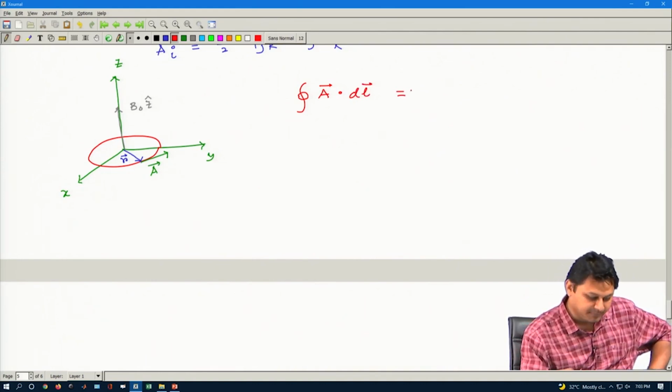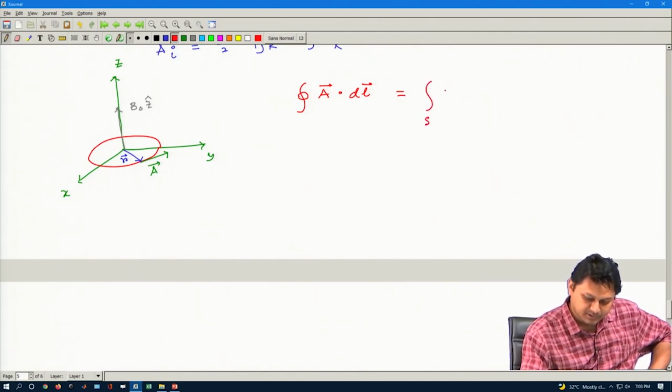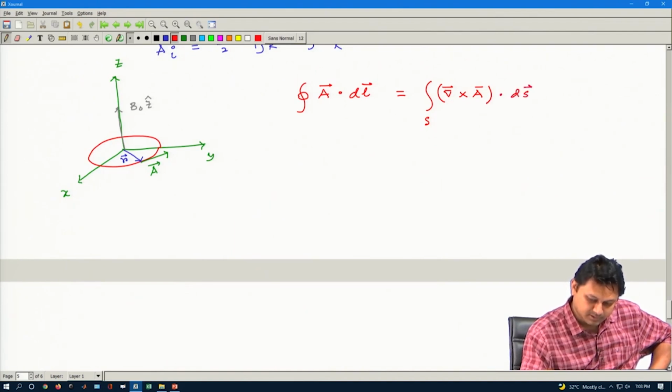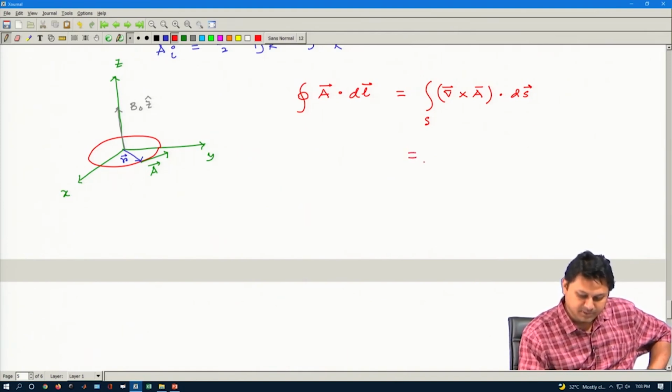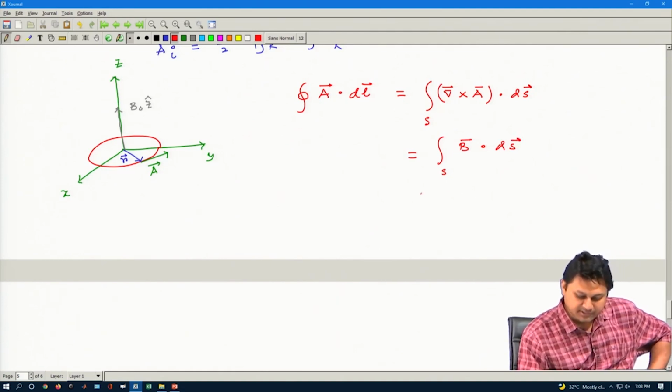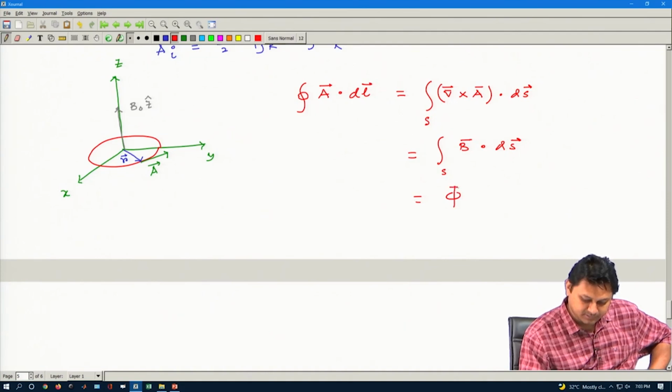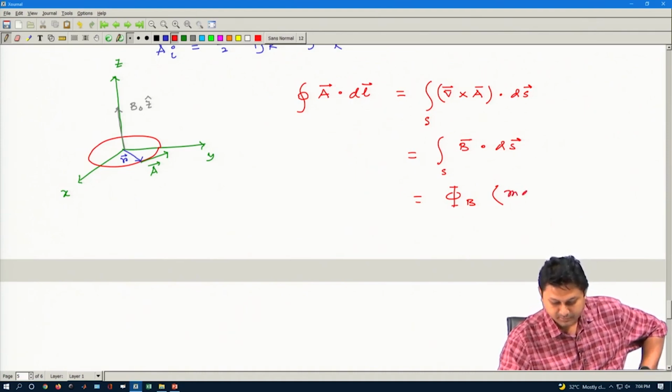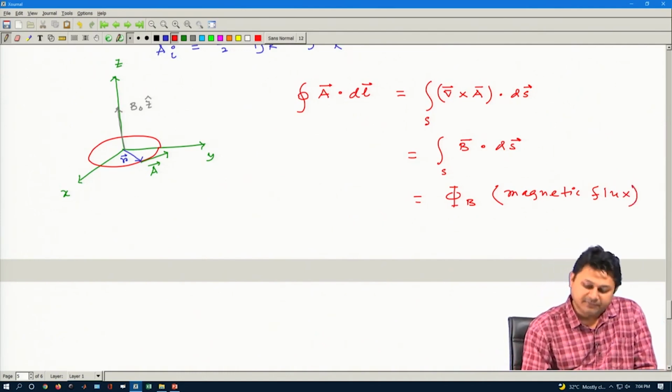This quantity is simply the surface integral of the curl of A dot ds, and curl of A is nothing but B. So, surface integral B dot ds, and B dot ds is nothing but the magnetic flux. This is simply the magnetic flux.